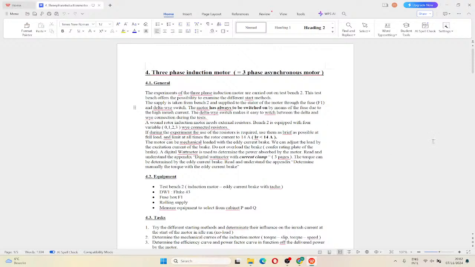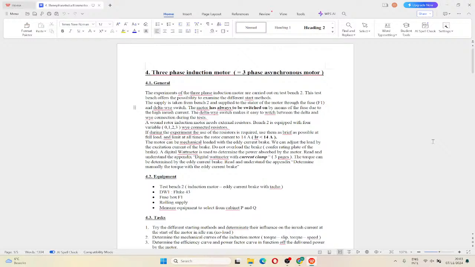Yes. So can we begin? Yeah. So can we start? So our next lab is about the induction motor. I think at least this lab is simpler than what we had last week about the DC motor. This was the simpler one.